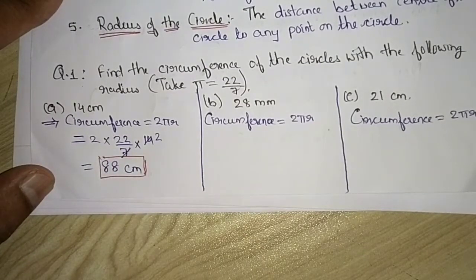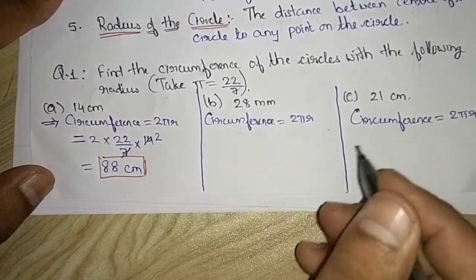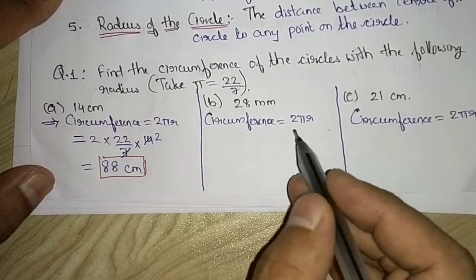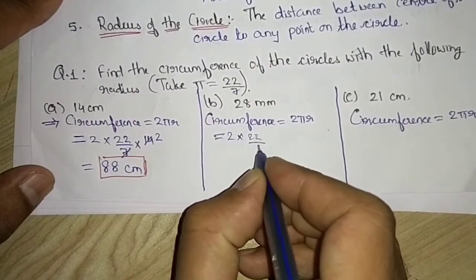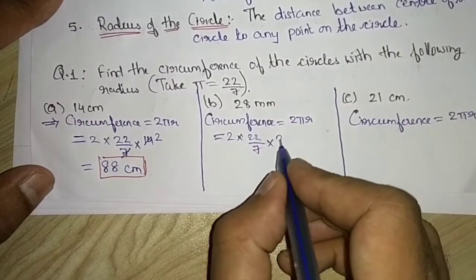Moving to the second part. The radius they have given us is 28 millimeter. Therefore circumference is equal to 2 pi r. Again 2 into 22 by 7 into 28.